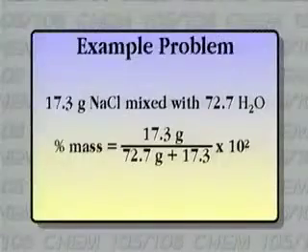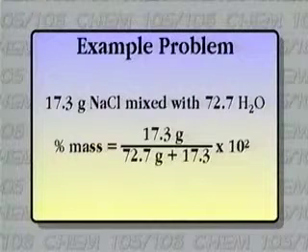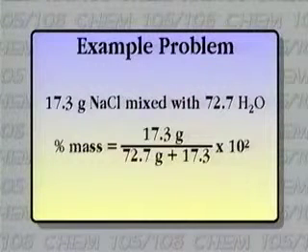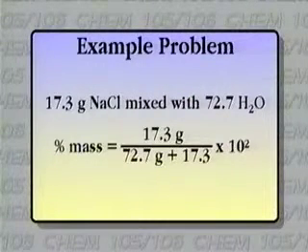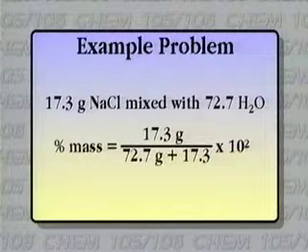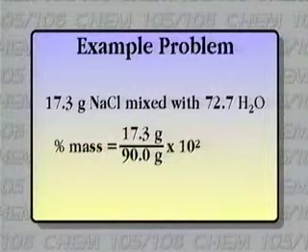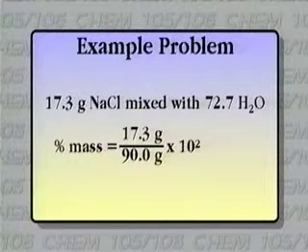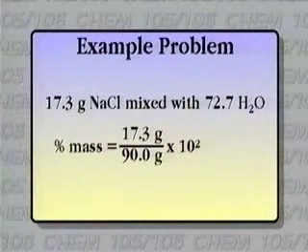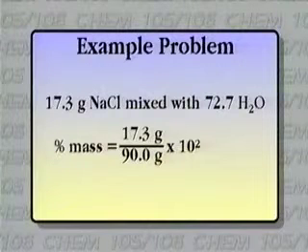We would have to add 17.3 grams here, so that this plus this gives me grams of solution. Remember, it's grams of solute over grams of solution, not solvent. The bottom term is always solution.